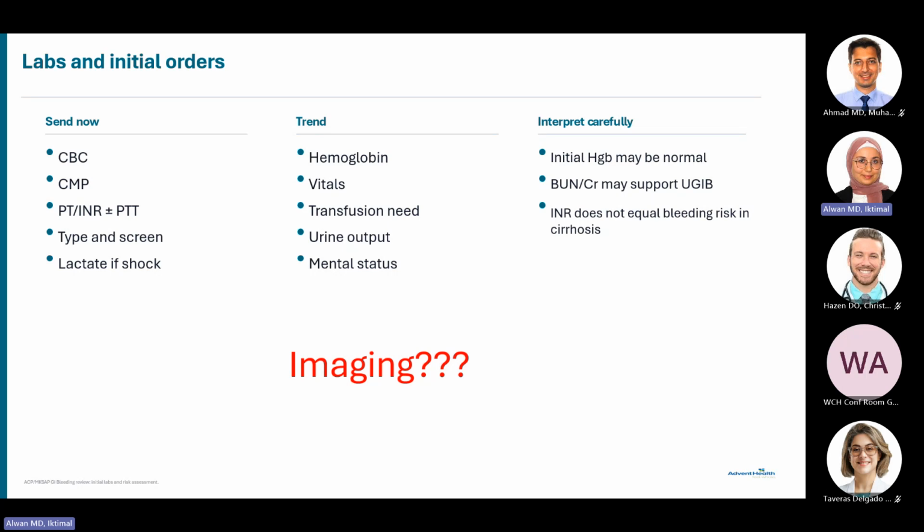So the normal hemoglobin doesn't mean the patient is not actively bleeding or is not going to decompensate. Of course, high BUN to creatinine ratio also points toward upper GI bleeding, and INR itself is a good indicator of liver function, right? Because the patient could be in liver failure, could be cirrhotic, but it doesn't automatically mean high INR means the patient has high risk of bleeding. Some people have high INR and are not bleeding.